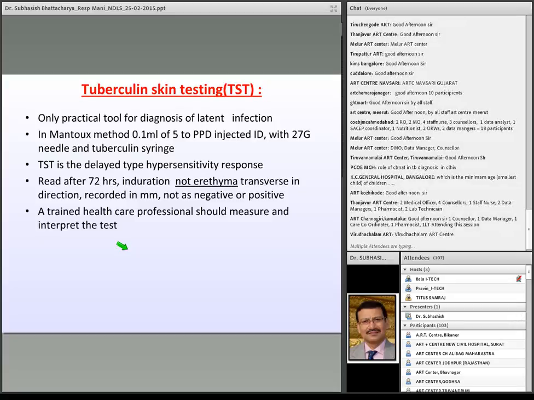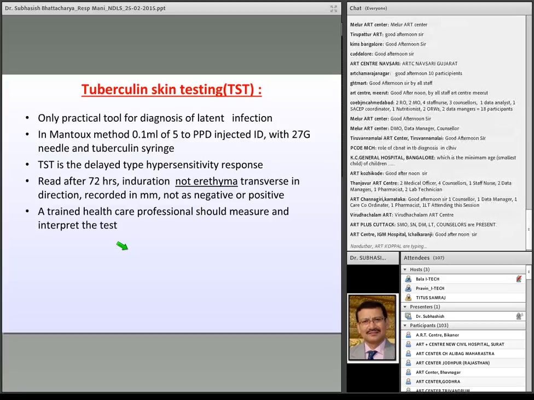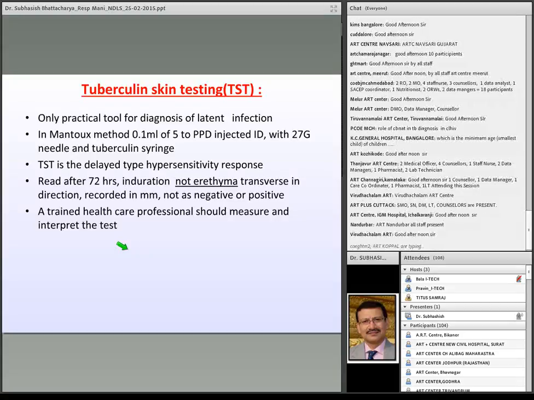TST, this skin testing, is a delayed type hypersensitivity response. It is read after 72 hours, and the induration, not the erythema, is measured, which is a very important point to note. It should be taken in the transverse diameter, recorded in millimeters, and not mentioned as negative or positive. A trained healthcare professional should measure the tuberculin skin test.